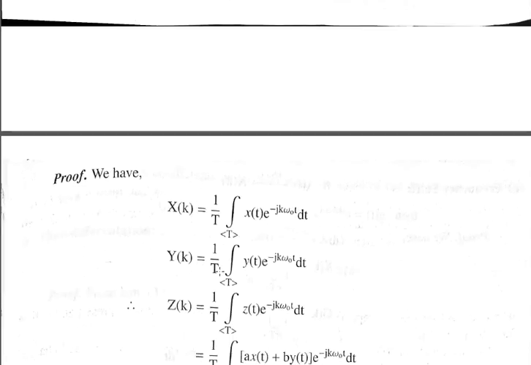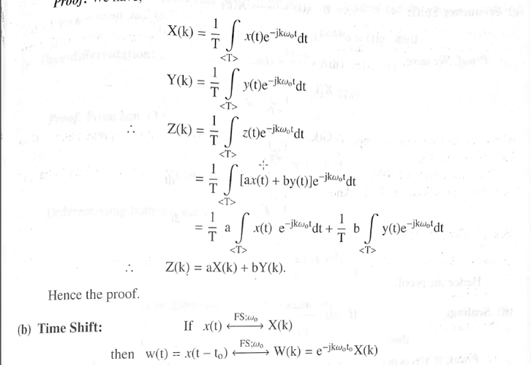So when we substitute that, it's a simple proof, e raised to minus jk omega naught t dt. Now, as we know, these bracket terms can be written in a separate way. Integration satisfies the distributive property.